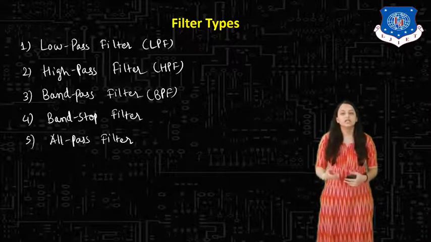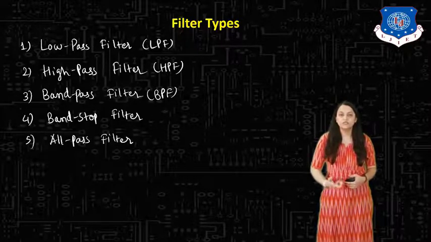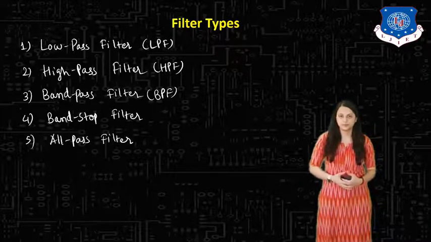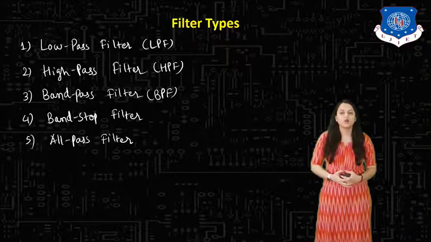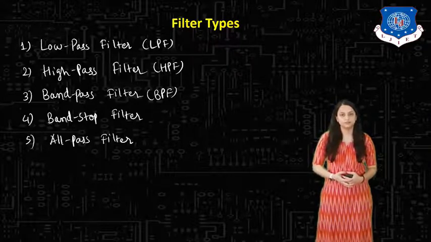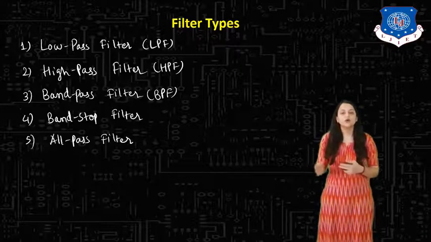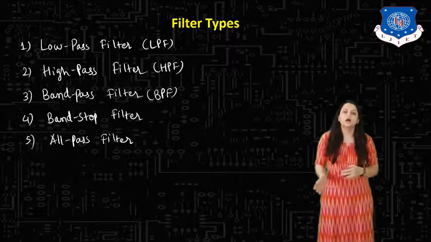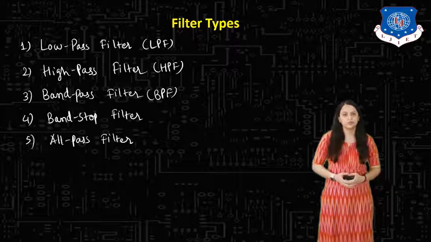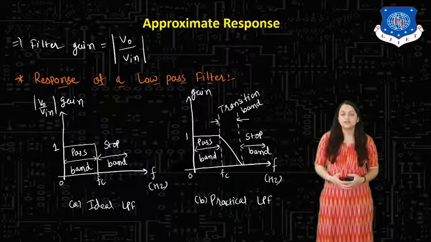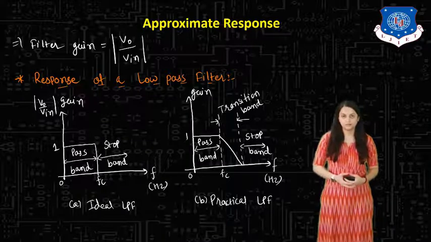That means a particular band or range of frequencies will be blocked and the other frequencies are allowed to pass. That is called band stop filter. And the fifth one is all pass filter, in which all the frequencies at the input side are allowed to pass.